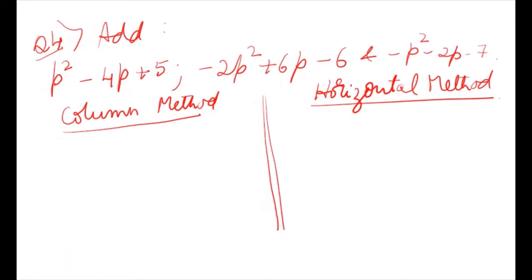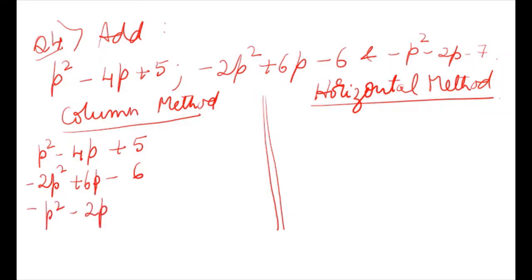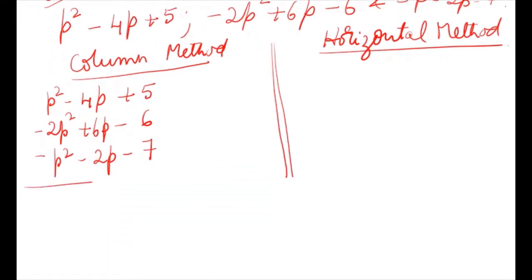Now in column method we write the first expression as it is. So p square minus 4p plus 5, then minus 2p square plus 6p minus 6, and minus p square minus 2p minus 7. Then plus p square minus p square cancels.